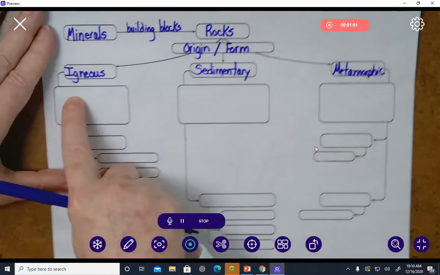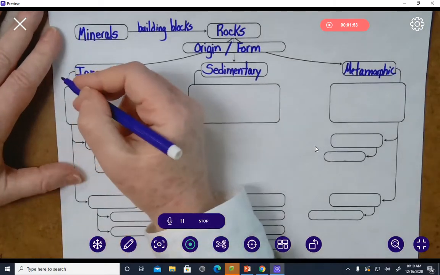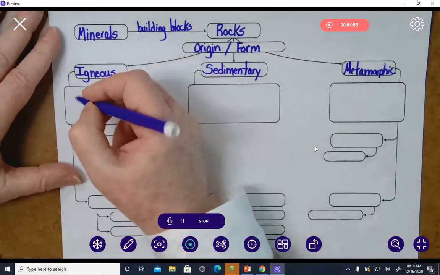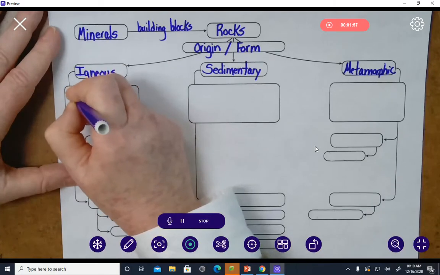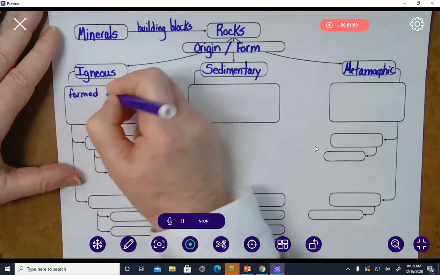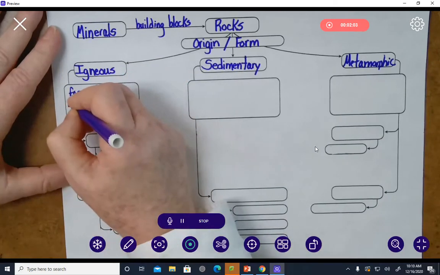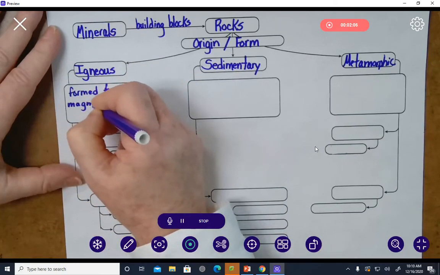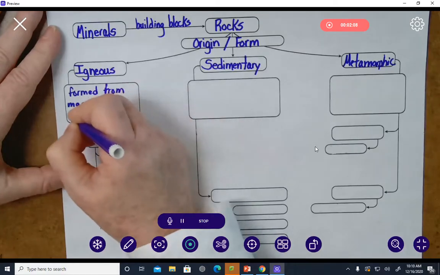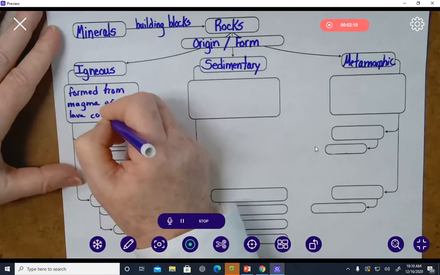Let's think about where igneous comes from or how it's formed. Boom, there goes my cap. And it is formed from magma or lava cooling.